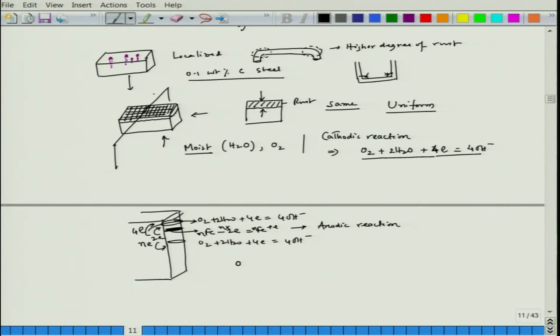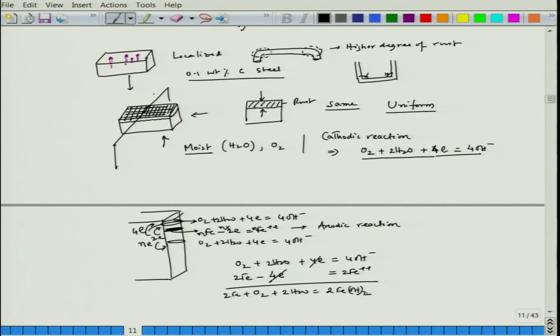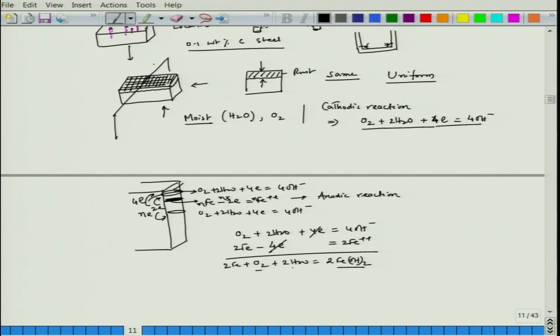Now, if we combine, so now we see Fe(OH)2 that can further react with oxygen and H2O, it can convert to Fe(OH)3. So, here if we balance it, then it will be, let us say 2, 2, if I put half, then it is balanced.